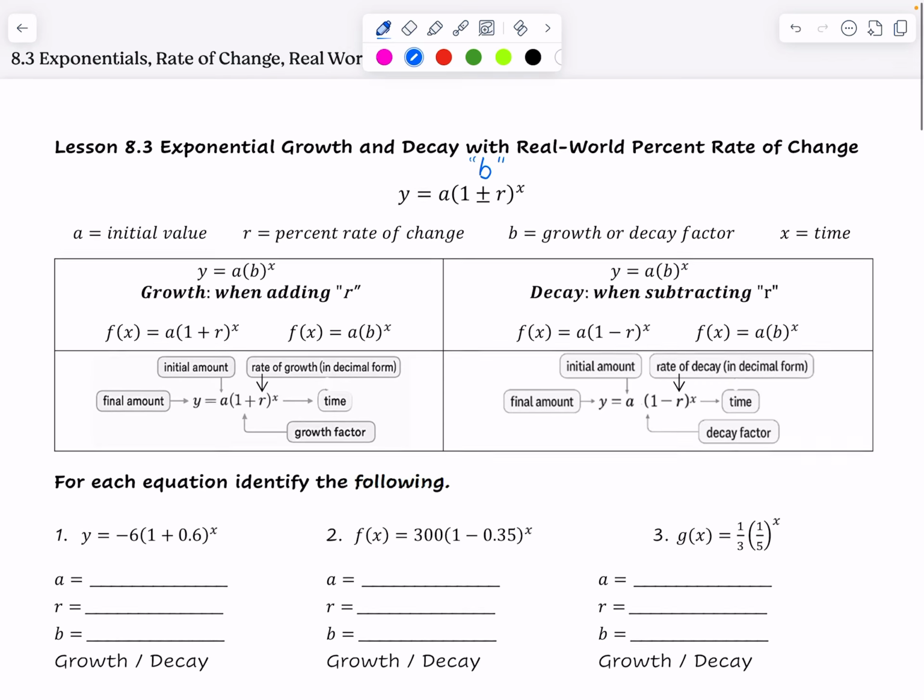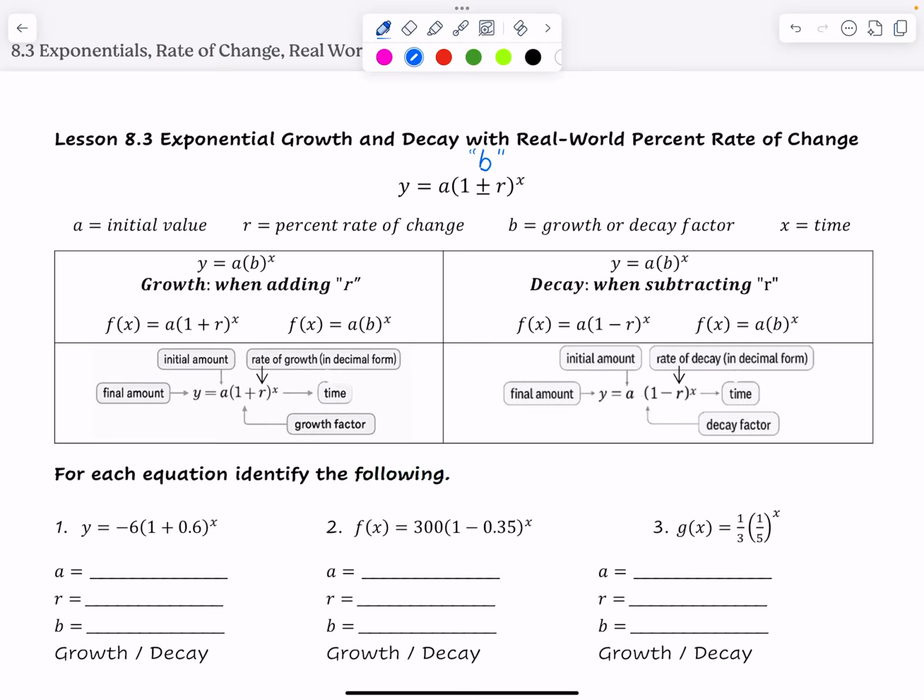Okay? So we have to make sure that we understand how to turn a decimal into a percent and a percent into a decimal. In order to do that, if you have a percent, so let's say that I have 75%, and I want to convert that into a decimal, I am going to divide by 100. So then that will give me 0.75.